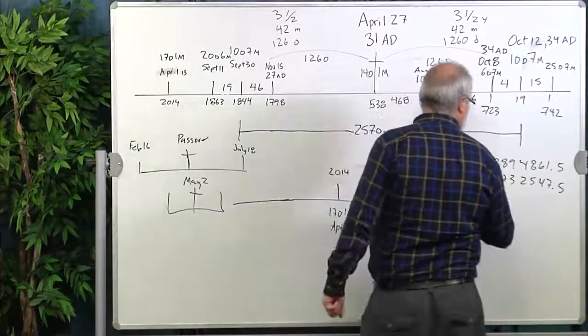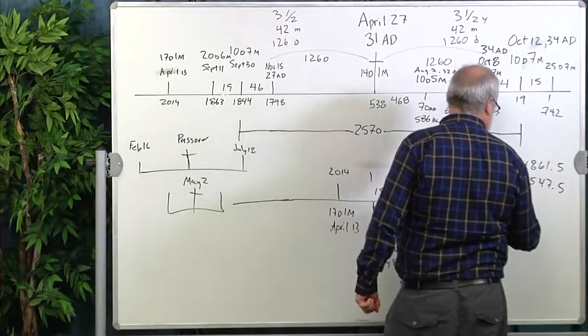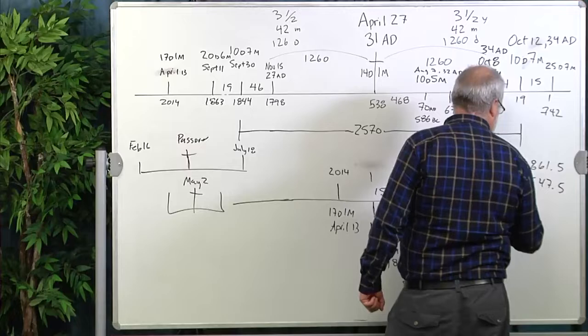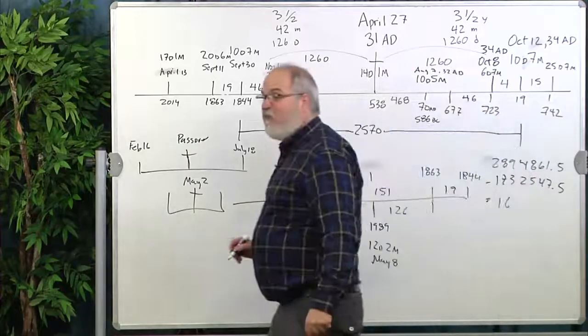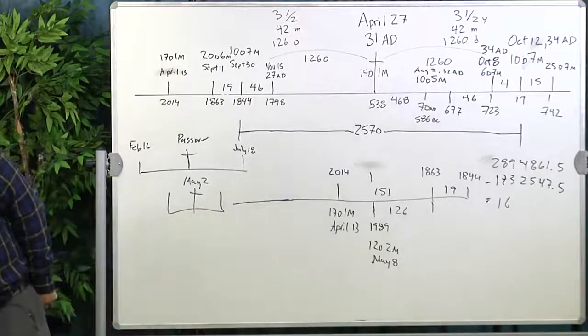And I get 1,162,314. What was it? 1,162,314. Yeah.